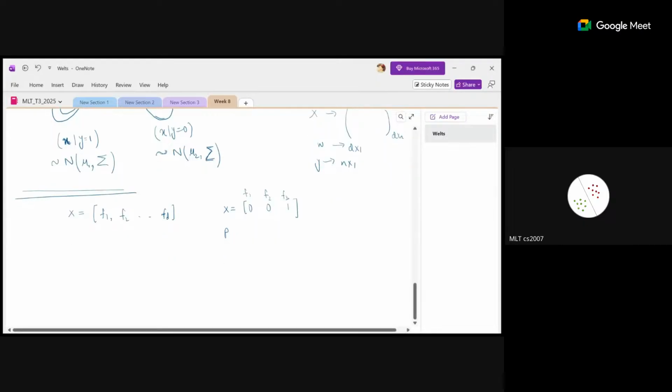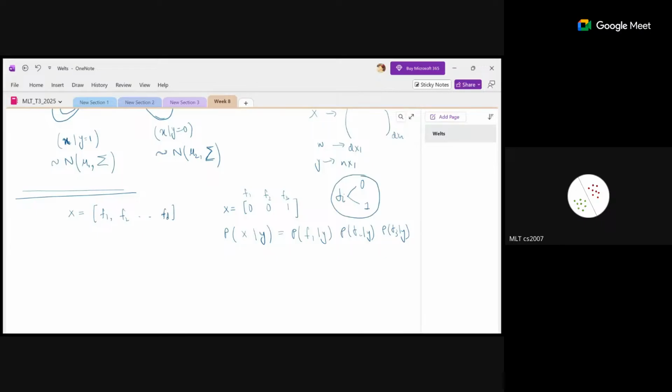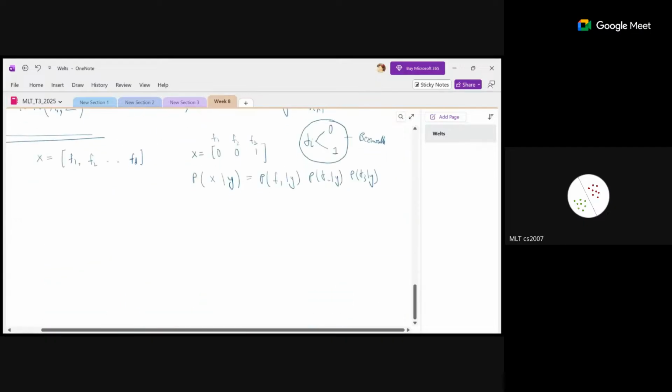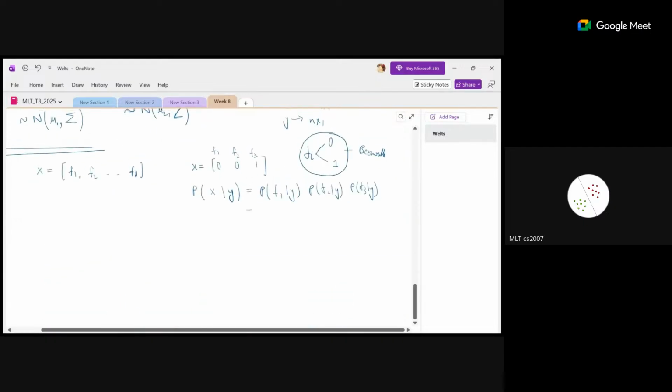It has class conditional independence, meaning probability of x given y, I can write as probability f1 given y times probability f2 given y times probability f3 given y. Each of these f's takes only two values, 0 and 1, and we know what this distribution looks like. It is nothing but a Bernoulli distribution.